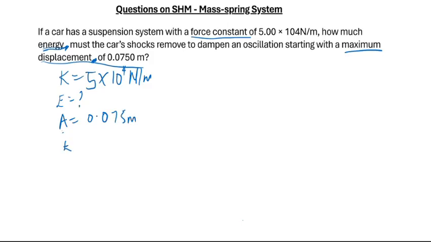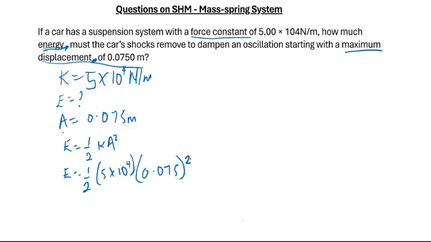Then we know that our energy is equal to half Ka squared, and this is pretty easy. It is half times 5 times 10 raised to the power 4, and our A is 0.075 all squared. If you punch this inside the calculator, we should get 140.625 joules, and that's about the question.